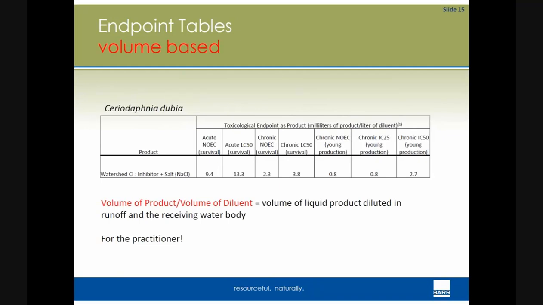Because even though potassium acetate showed up as being very toxic, we also know that it biodegrades fairly rapidly in the environment, and some of the toxicity, as we've shown in this study, is immediate effects, but the chronics are not as detrimental as some of the others may be.